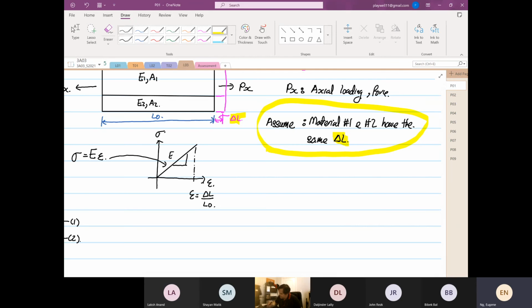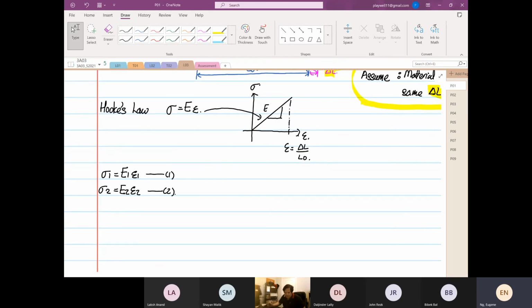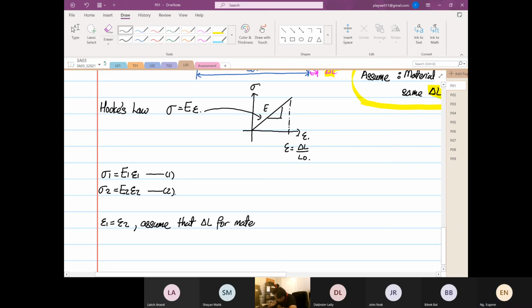So if delta L is the same, we know that epsilon 1 will be equal to epsilon 2. Again, I write down, we assume that delta L for material 1 and 2 are the same.